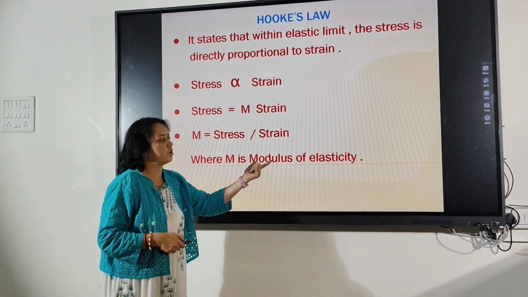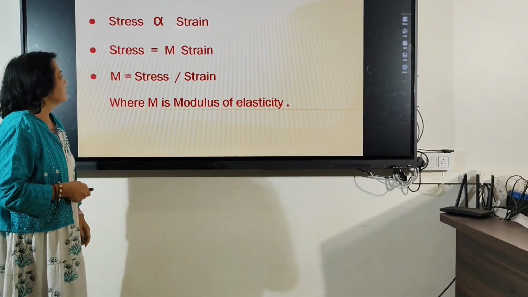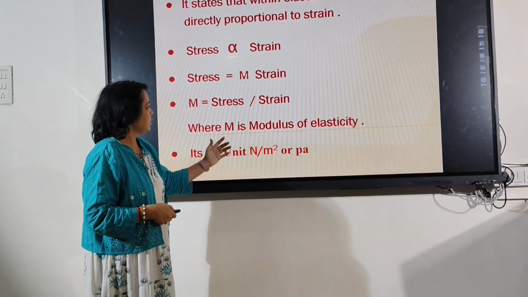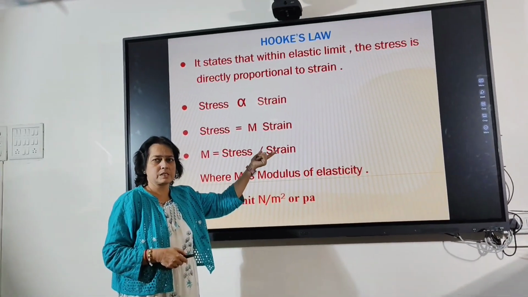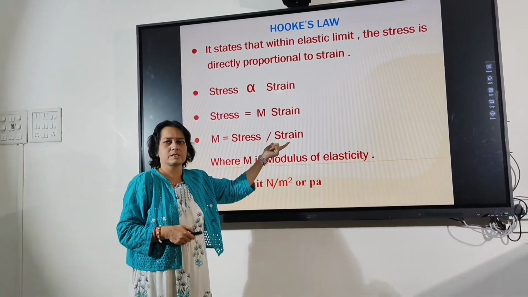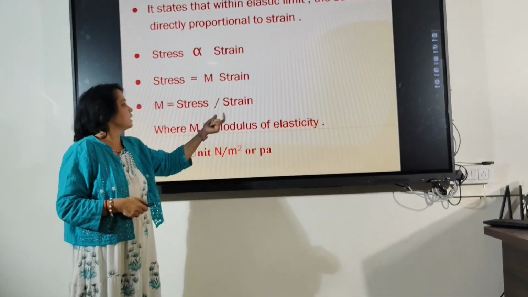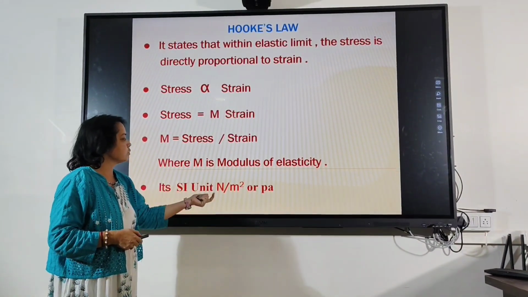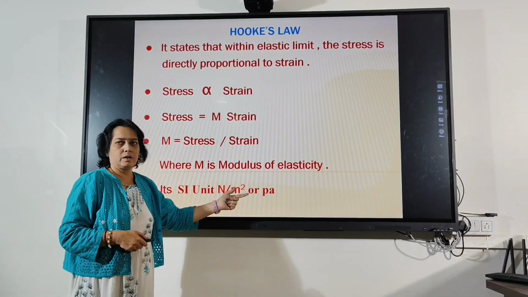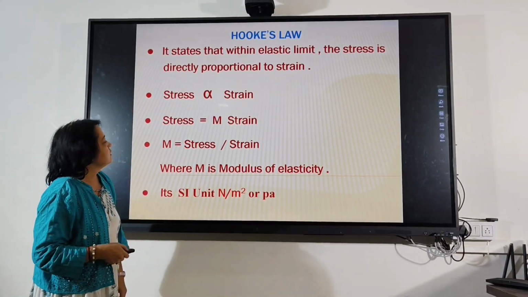Its unit is the same as that of stress, because stress is divided by strain, and strain is unitless and dimensionless. Hence its unit is the stress unit, which is Newton per meter square or Pascal.